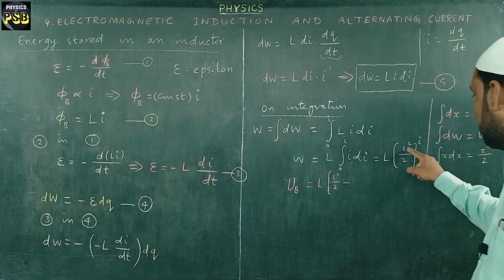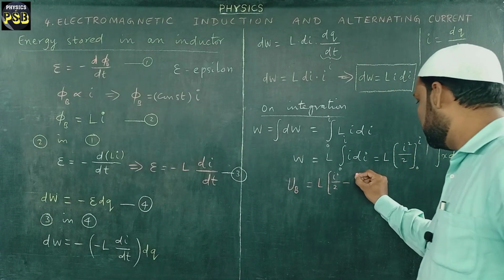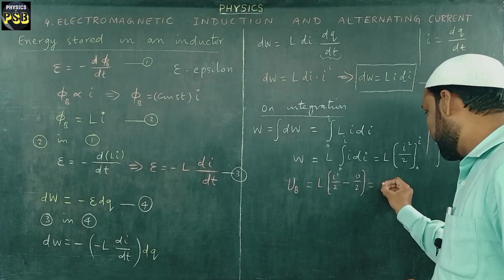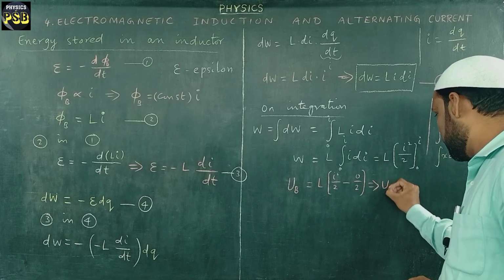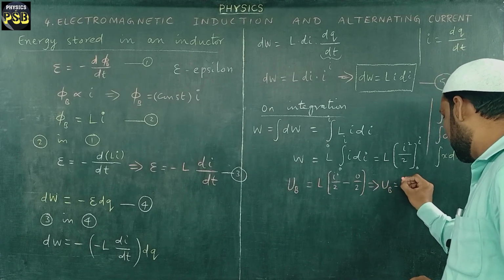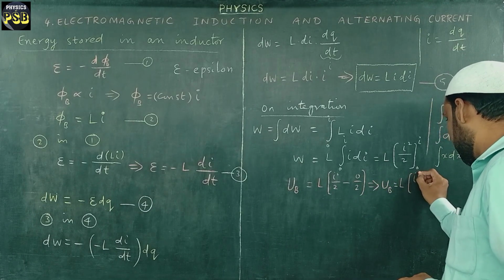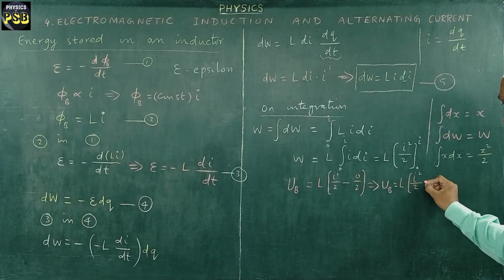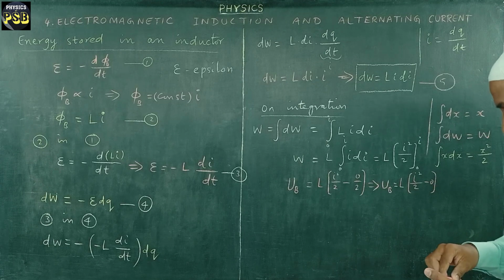Then in the place of I, substitute 0. So 0 square is 0, divided by 2, so again 0. What I get is this, equals L I square divided by 2. Zero divided by 2 is nothing but 0. So what you get is nothing but this.